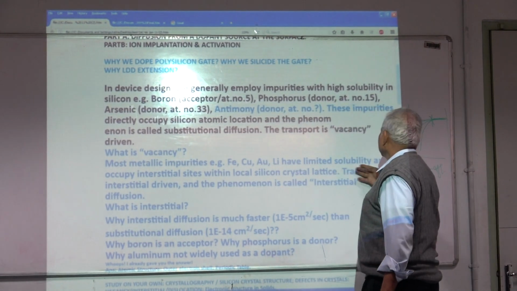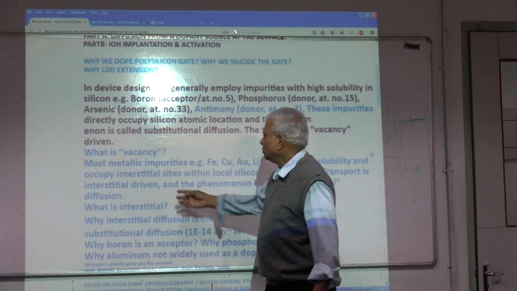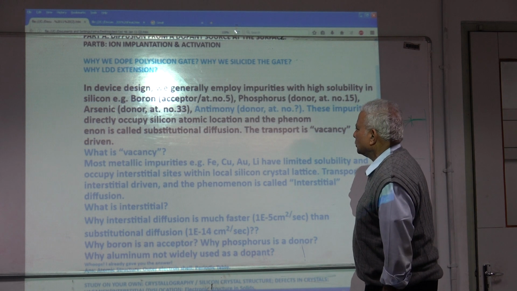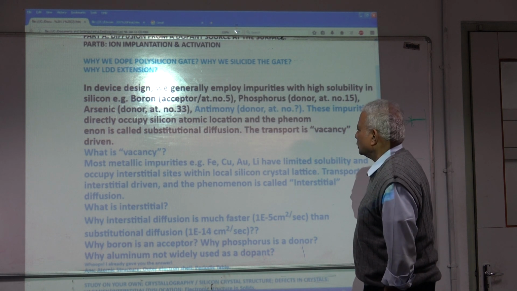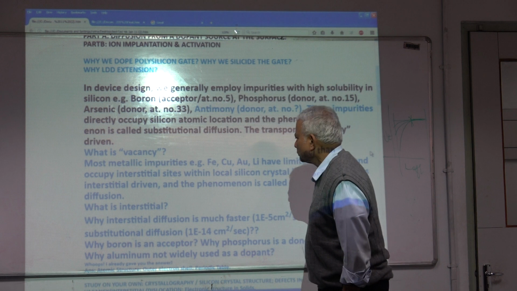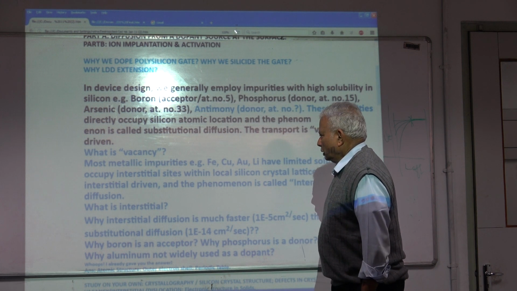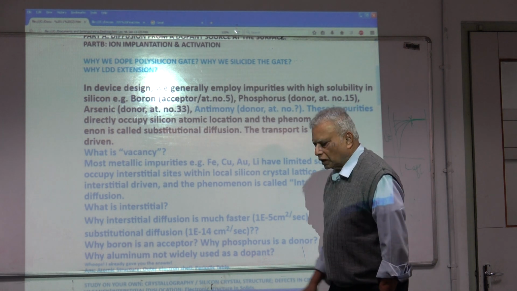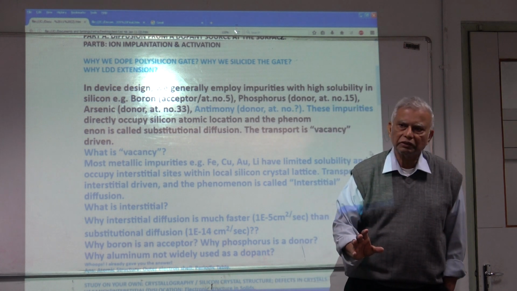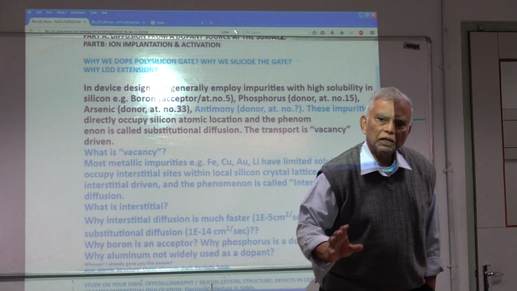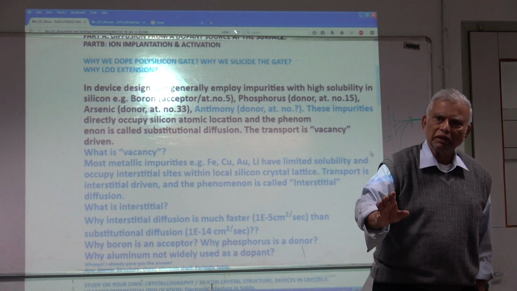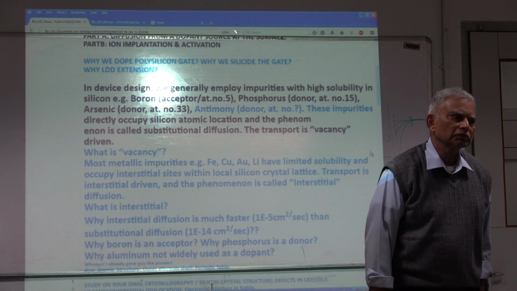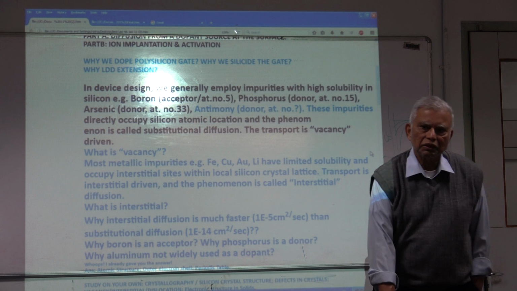So these have limited solubility in interstitial sites in the silicon crystal lattice. Transport is interstitial driven, and the phenomenon is called interstitial diffusion, because they basically displace and push into the crystal lattice themselves and don't necessarily occupy the place where crystallographically the atom should stay, because they're usually too big.